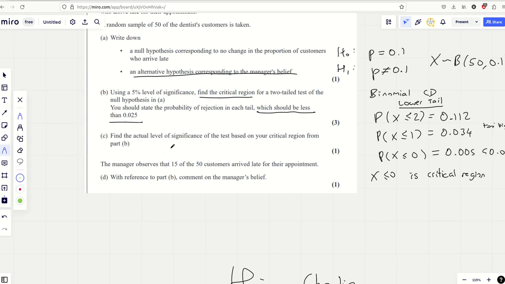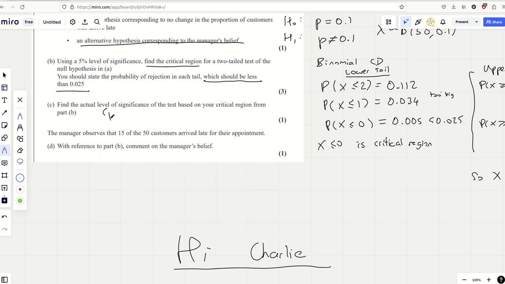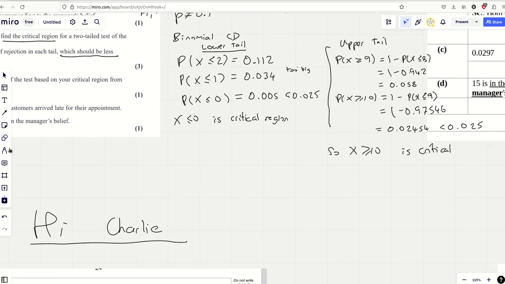Find the actual level of significance for the test based on your critical region to part B. What is the actual significance? And what's another word for this? It's the p-value. The p-value is the actual significance of the test. You just add your probabilities here. Let's do it with a highlighter. Here and here. That's all we're going to do to find the actual significance.